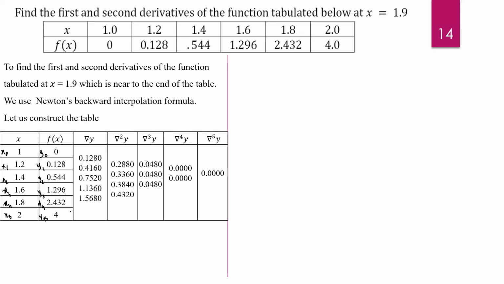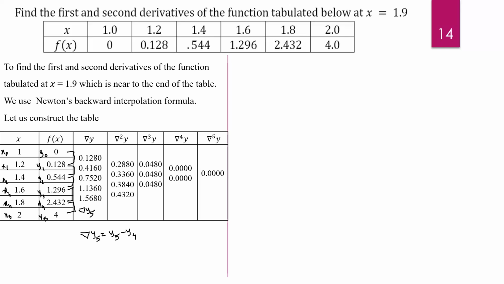Okay, the first backward difference, that is the del of y5. Del of y5 means what? y5 minus y4, the difference between y5 and y4, that is 4 minus 2.432, that is 1.5680. Similarly, this one is the difference between y4 minus y3. The next one is the difference between y3 minus y2, then y2 minus y1, and last y1 minus y0.